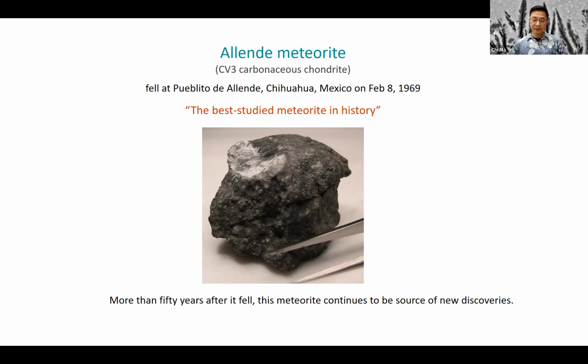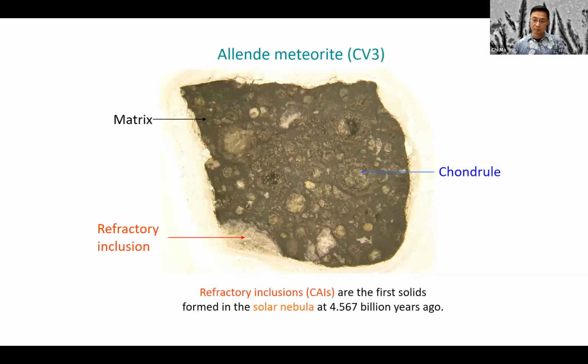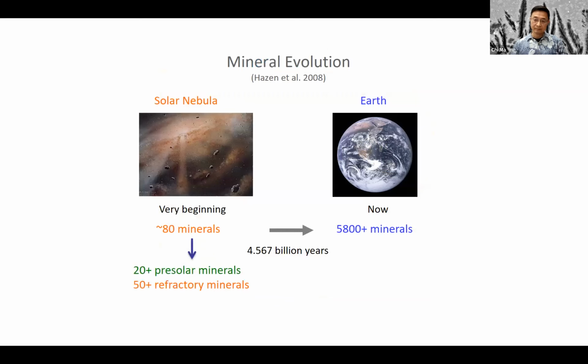Now, more than 50 years after it fell, Allende continues to be the source of new discoveries. Allende meteorite contains refractory inclusions, conjugates with a matrix bonding the rock together. Refractory inclusions are the first solids formed in our solar system.